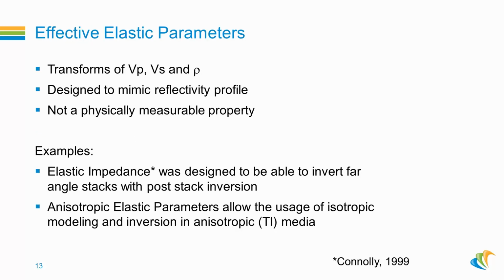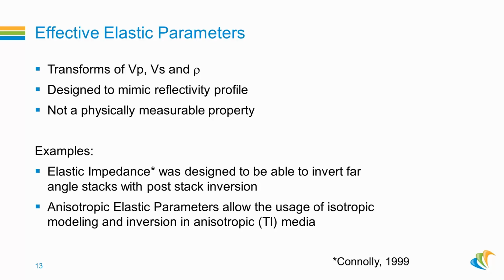Effective elastic parameters are transforms of your isotropic elastic parameters, Vp, Vs, and density, and they're designed to mimic the reflectivity profile of your seismic data under certain conditions. They are not physically measurable properties, so there's no measurement you can do in your well to measure the effective Vp, Vs, and density.